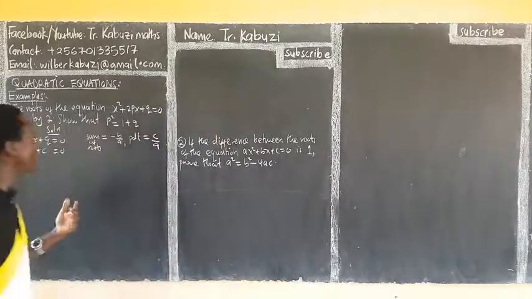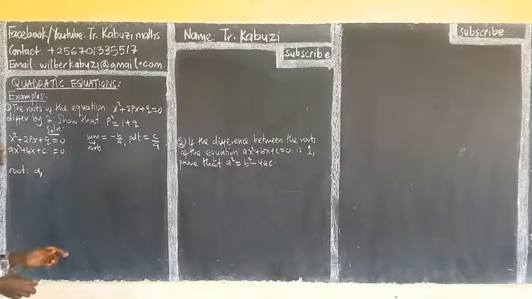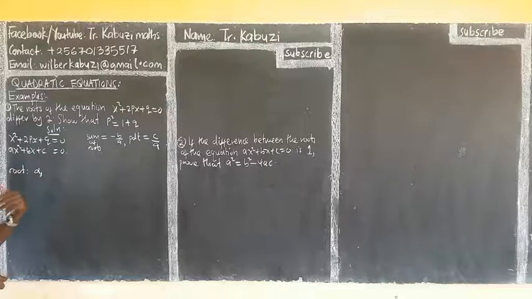Now, if I want the roots, of course, if I say the first root is alpha, it means that if the difference is to be 2, then I add or subtract 2.